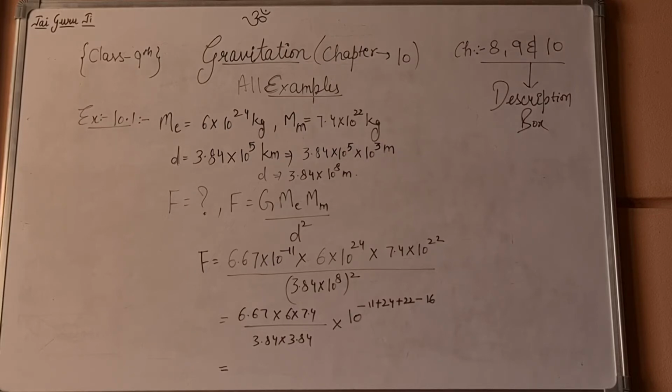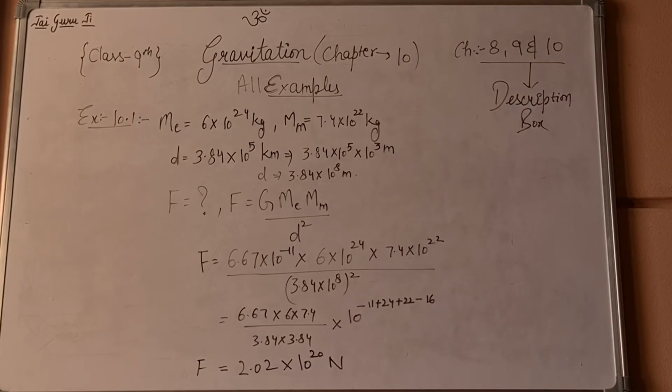So 8 into 2 is 16, then the denominator comes into the numerator, so the power sign changes: positive to negative, and if it is negative, negative to positive. So we can calculate this value. By dividing and multiplying these terms, we have calculated the value of the universal gravitation force, that is 2.02 into 10 to the power 20, and the unit of force is Newton.